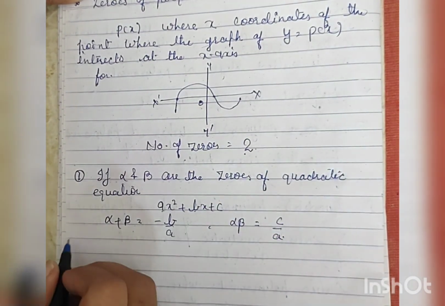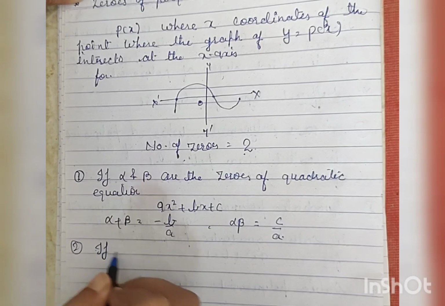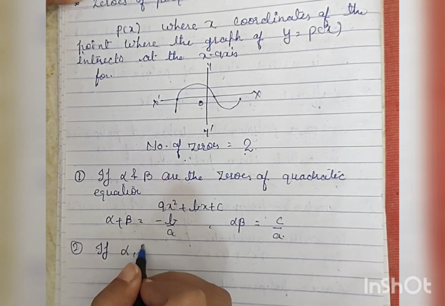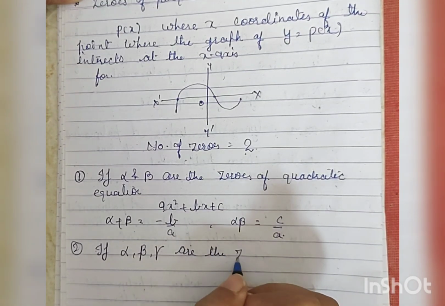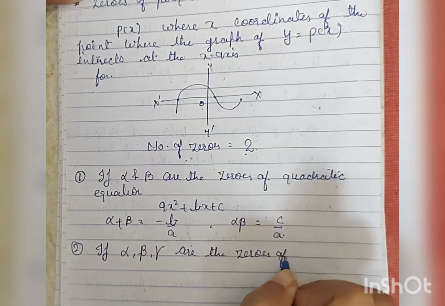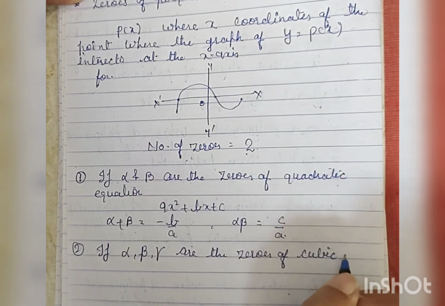And the next one is if alpha, beta and gamma are the zeros of a cubic polynomial.